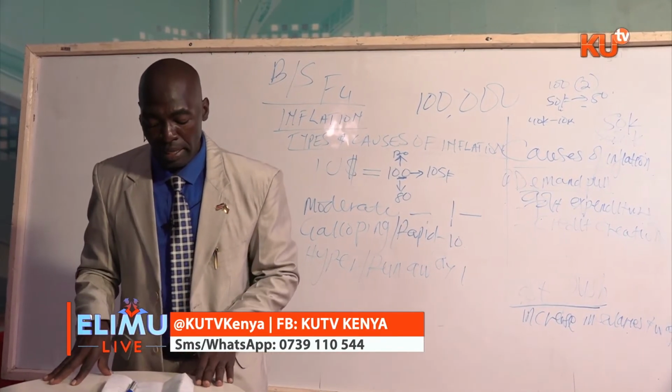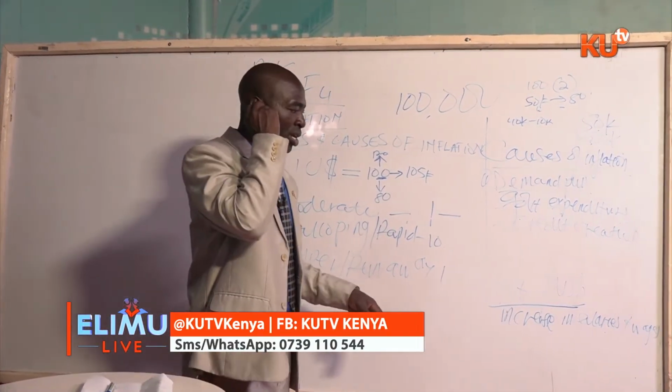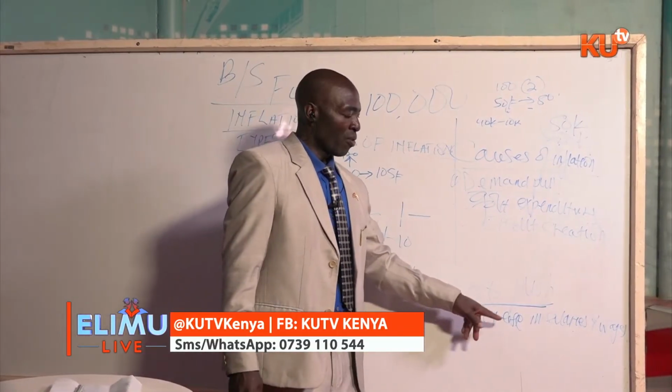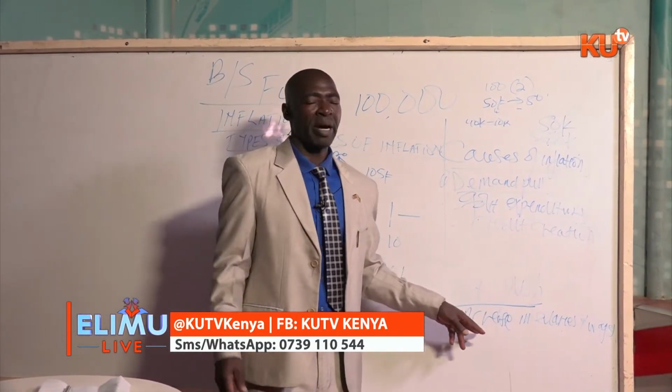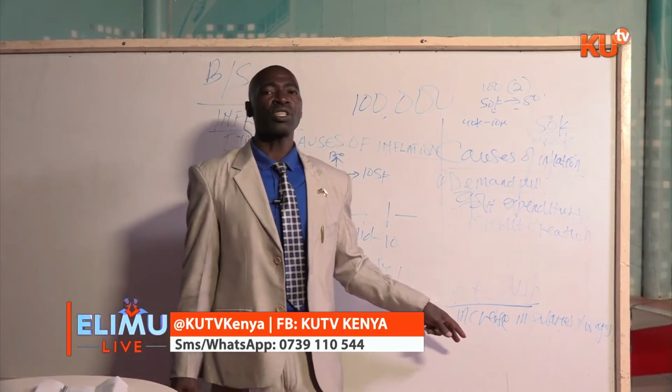Then, examples of factors under cost of production. Now, for production to take place, we must have manpower. Manpower means we must have human resources. These human resources must be paid.